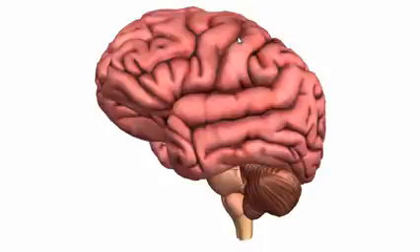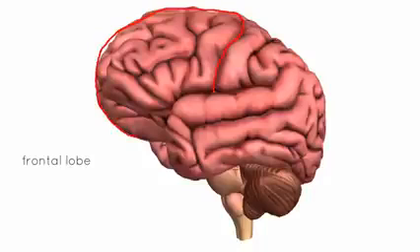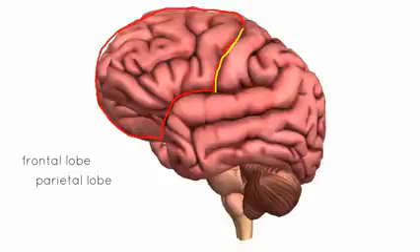So you've got 4 lobes of the brain which are separated by various grooves. Anterior to the central sulcus, which I'm drawing along here, you've got the frontal lobe, because it sits behind the frontal bone of the skull. So this is the frontal lobe that I've outlined in red. Posterior to the central sulcus, you've got the parietal lobe, and this runs like this.